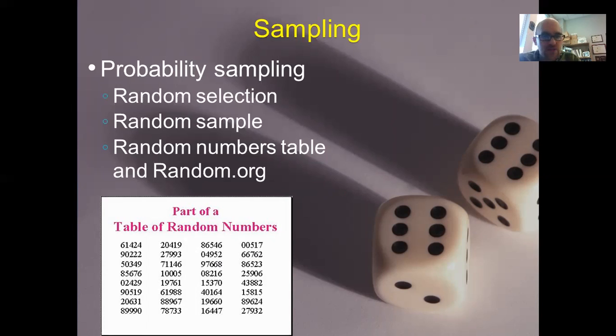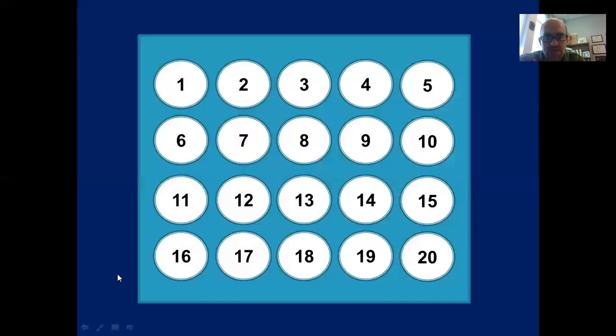One way is with a random numbers table. So you'll see a lot of these tables in the back of a statistics textbook. You can find them online, but this is a small part of a random number table, and I've got it on here just to show how we use it. So let's say, as an example, let's say we've got these pots in a greenhouse.